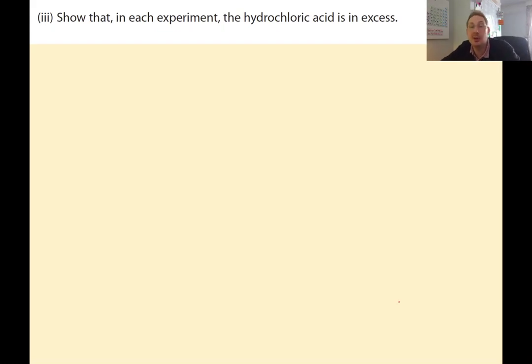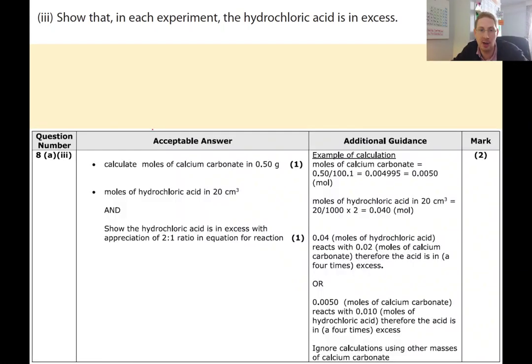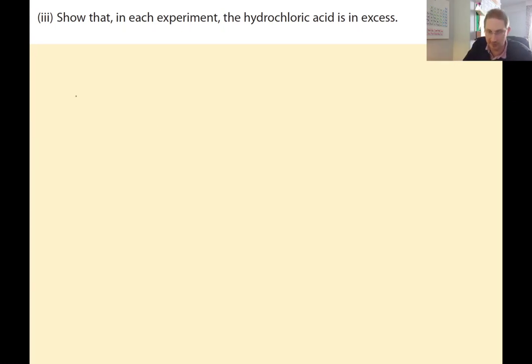Show that in each experiment the hydrochloric acid is in excess. Okay, you had to do a couple of things here which were fairly straightforward. The first thing was you had to show the maximum mass of calcium carbonate you used was 0.5 grams. So the maximum calcium carbonate is 0.5 grams divided by 100, which is 0.005 moles.